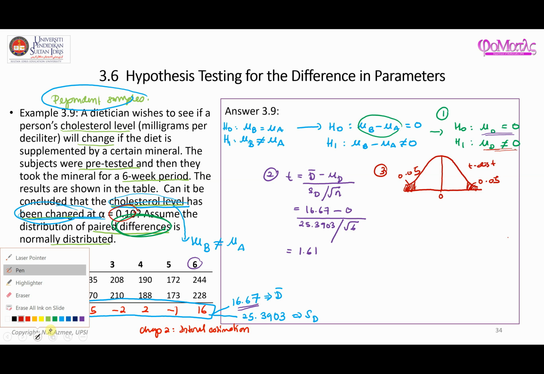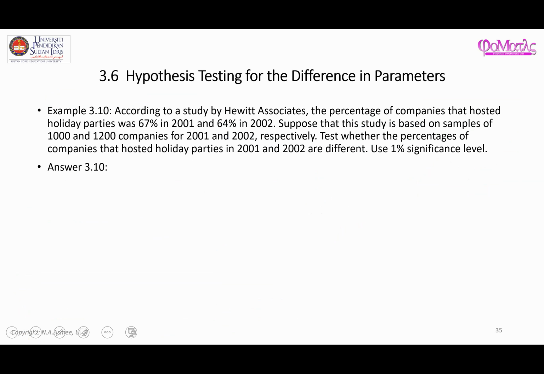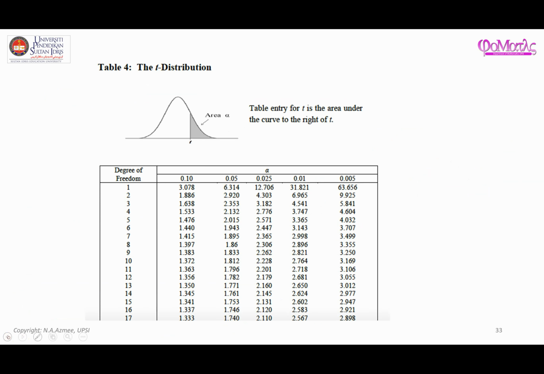So our job is to find what is the critical value at this point and this point. The critical value is the value on the horizontal axis here. So if you refer to the t-distribution table, we have the area which is 0.05.